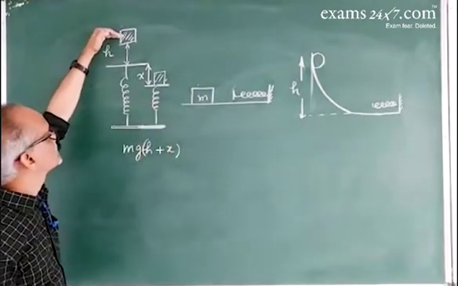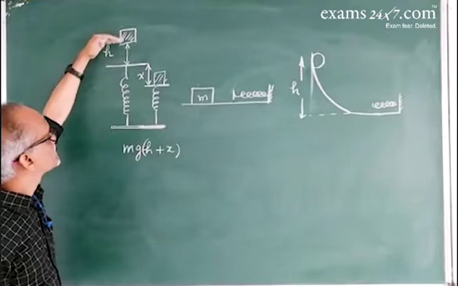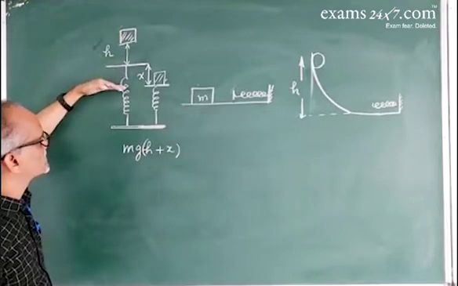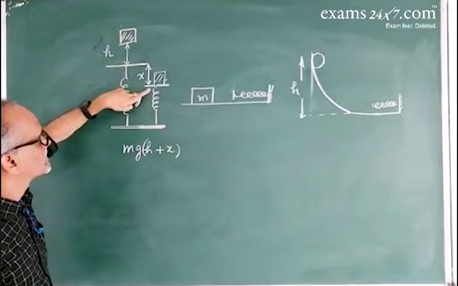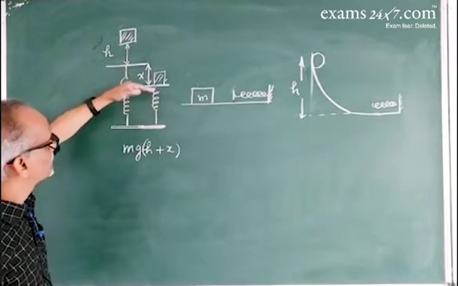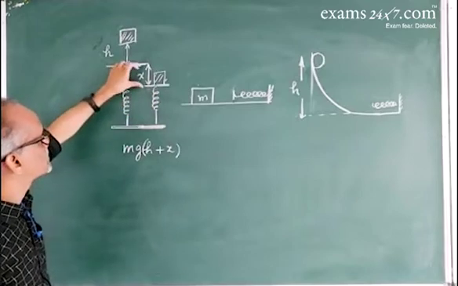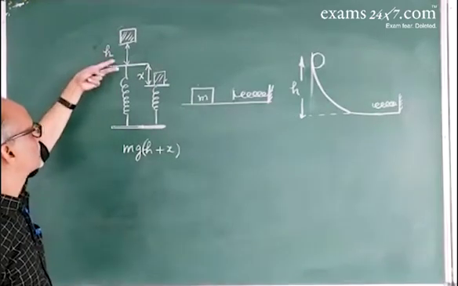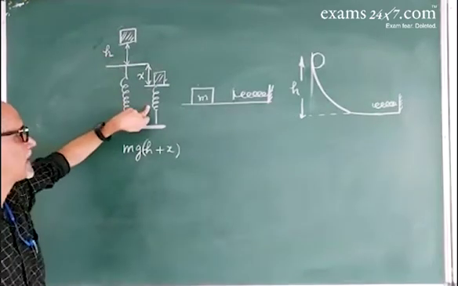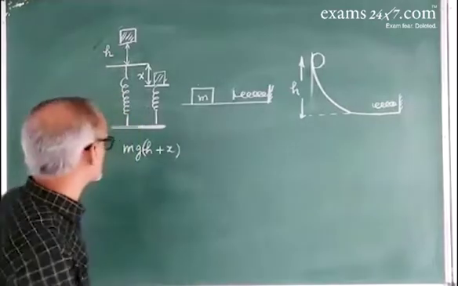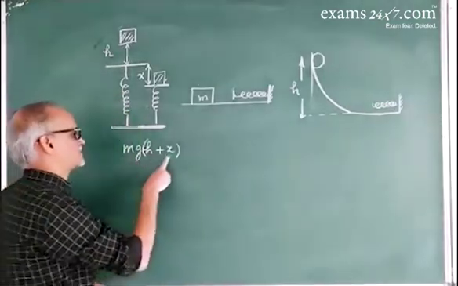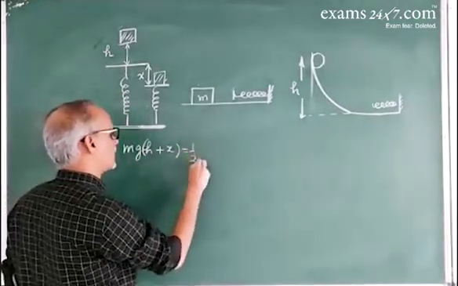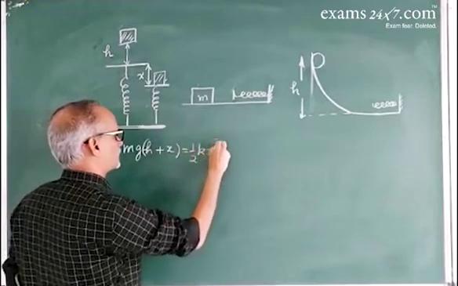Potential energy becomes 0 because the block comes to rest once the spring is compressed to a maximum value, which is equal to x. And now this potential energy is completely converted into elastic potential energy in the spring. So that's why mg(h plus x) is equal to half kx square.